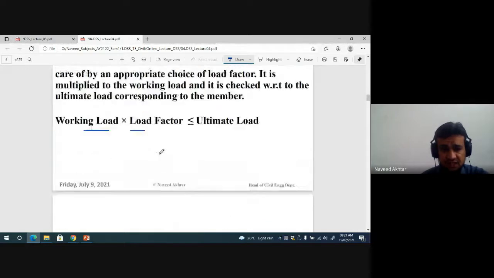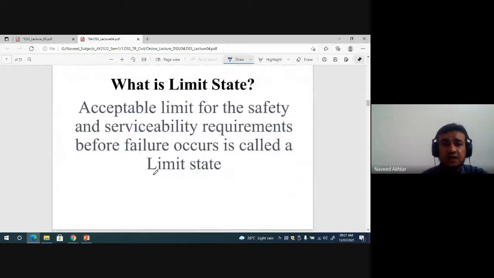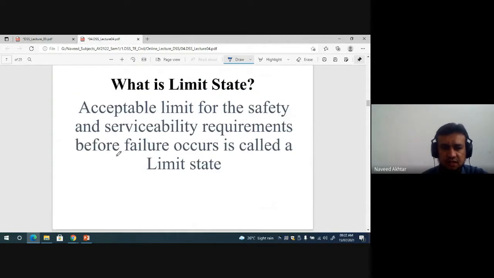Both these methods have some drawbacks, then we came to the limit state. Limit state is nothing but the acceptable limit for the safety and serviceability requirements before failure occurs, and it is called the limit state. So here two parts are made: safety against strength, and then we have to check the member or structural element for the serviceability requirement.